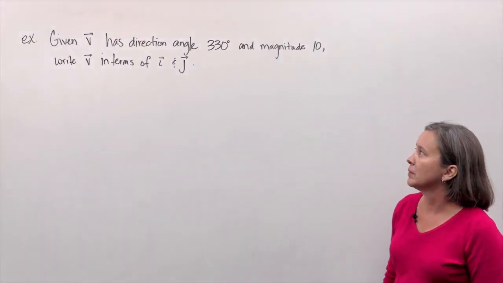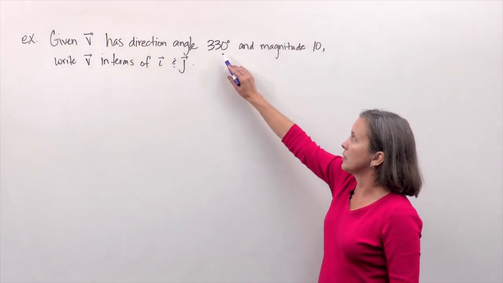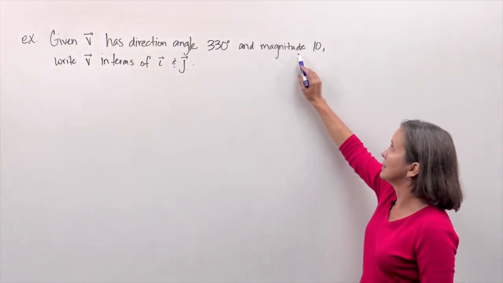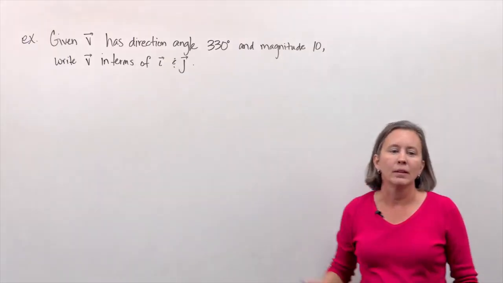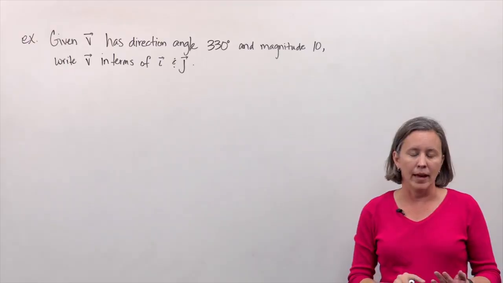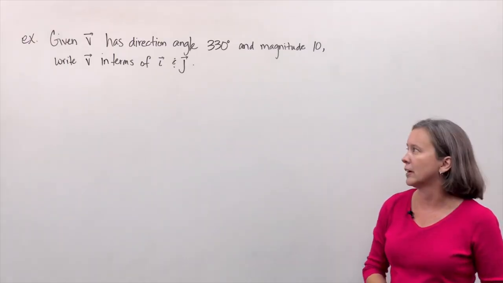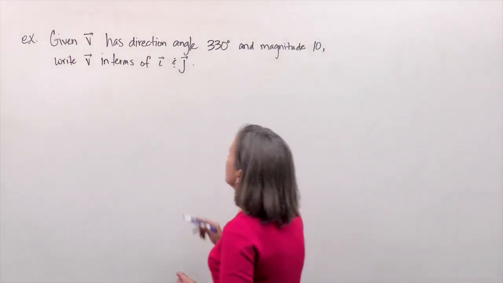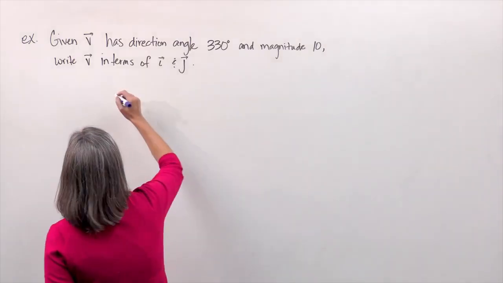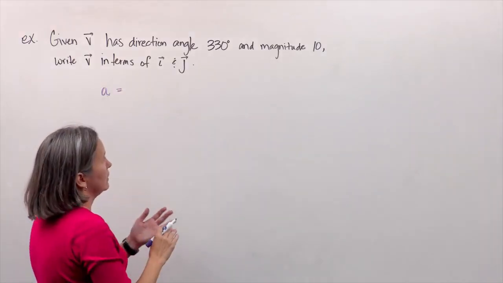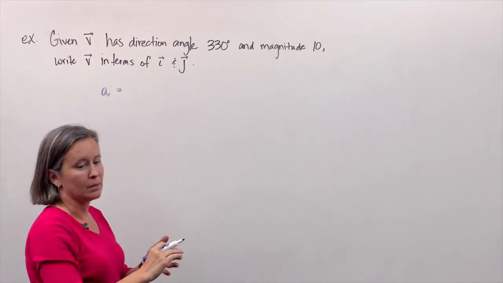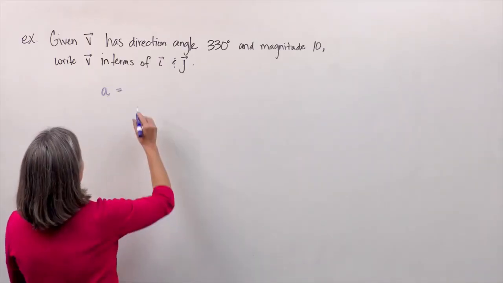In this example, we're given a direction angle of 330 degrees and a magnitude 10 of a vector v, and we're to write this in terms of i and j. That means we need to calculate a and b, the components of the vector. Recall the relationships between a, b, theta, and the magnitude of the vector; there are two of those.